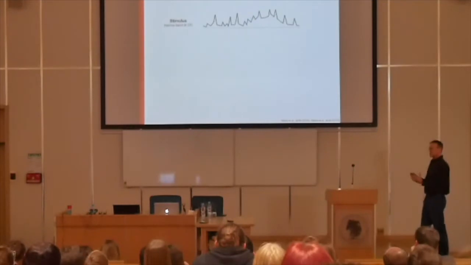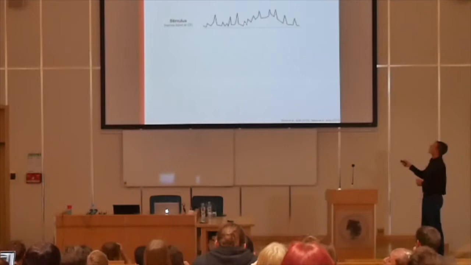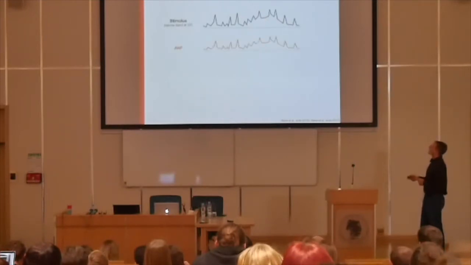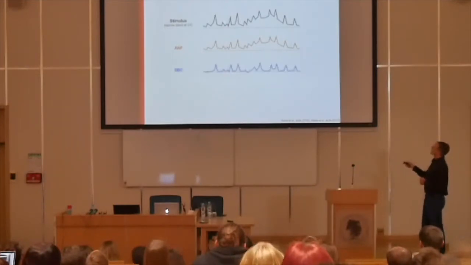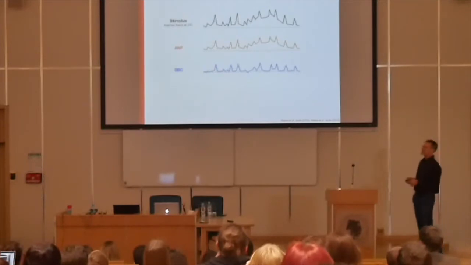So to put this together in a little cartoon, you have the stimulus here, which has some high deviations and also some large changes in level, and you compare it to the auditory nerve fiber representation of the stimulus, and then the spherical bushy cell. This is roughly what happens: a lot of the off-baseline activity is subtracted out so that you end up with just the peaks in the output.